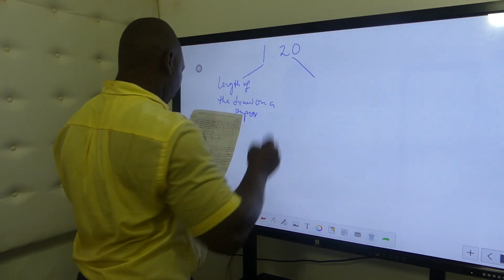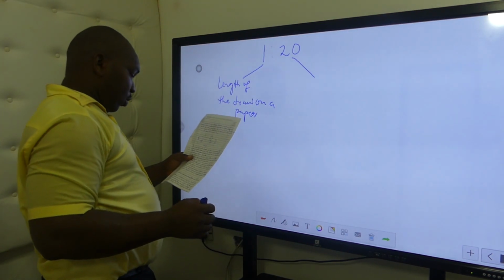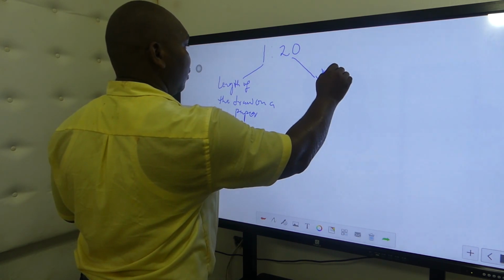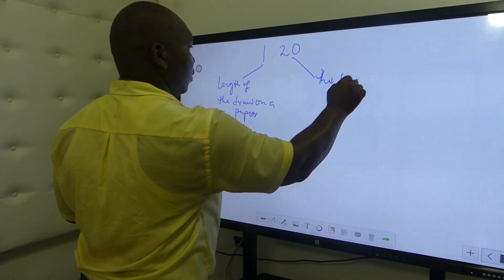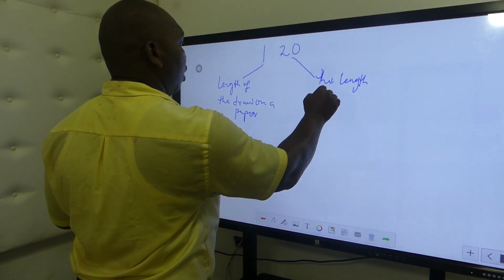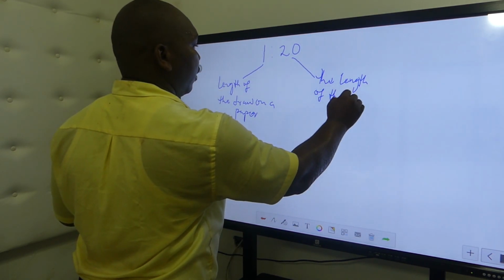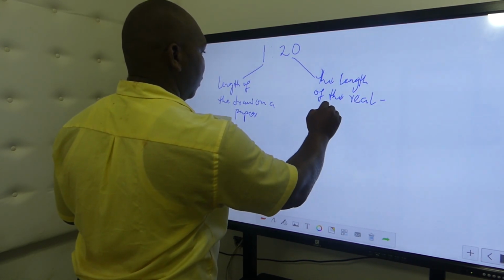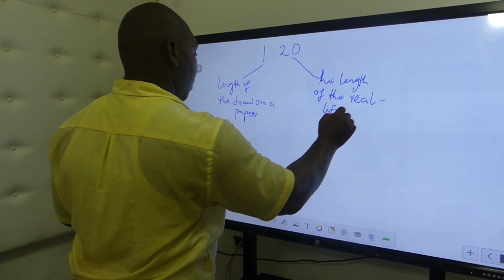Then this one refers to the length of the real life object.